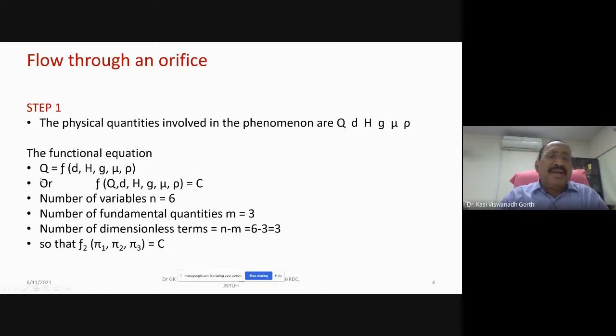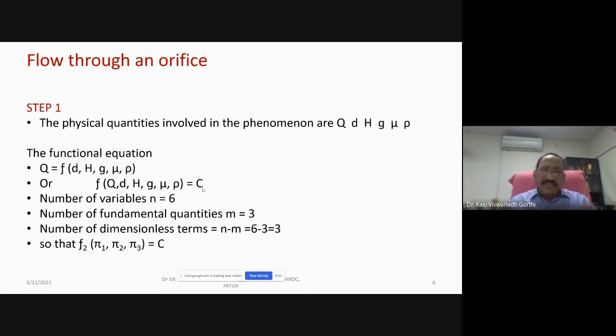Then bringing the dependent variable also into the functional relationship, another function f of Q, D, H, g, mu, rho is equal to a dimensionless constant C. So what we have done in the first step is identify, in the entire physical phenomenon, what variables are involved, which is the dependent variable and which are the independent variables. A mathematical functional relationship between the dependent and independent variables has been shown.